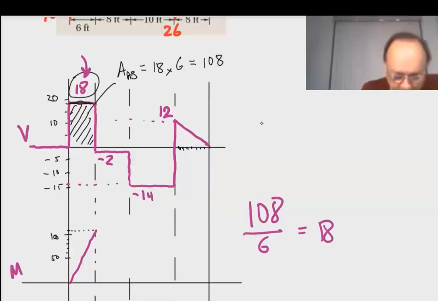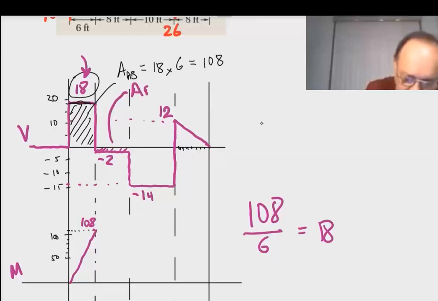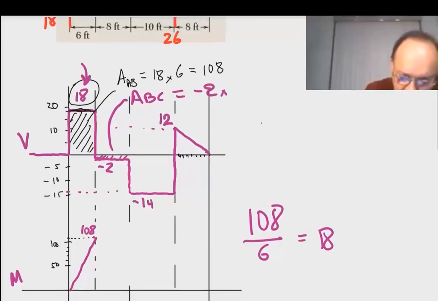Let's continue. Now we are here at 108. Now we have some area, negative area here. This area here, ABC, equals minus 2 times 8, minus 16.